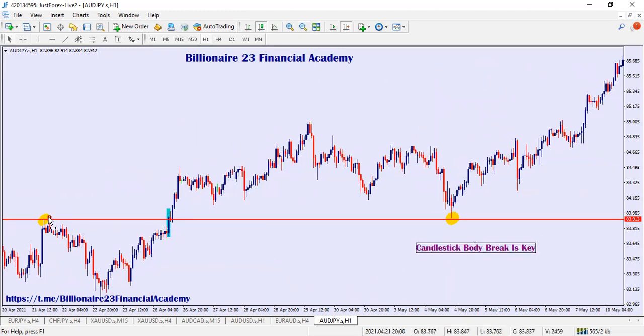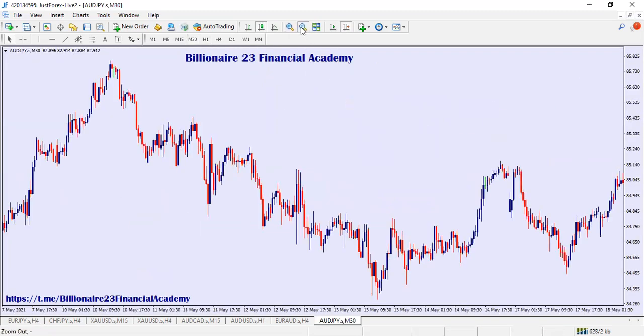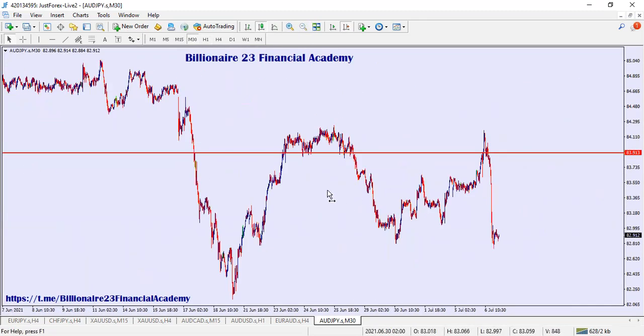So we had resistance. Now I know someone may be confused as to why I am only using one resistance touch. Okay, we're on H1 now, so let's drop down to M30. There's something I just want to see. I'm a bit curious.